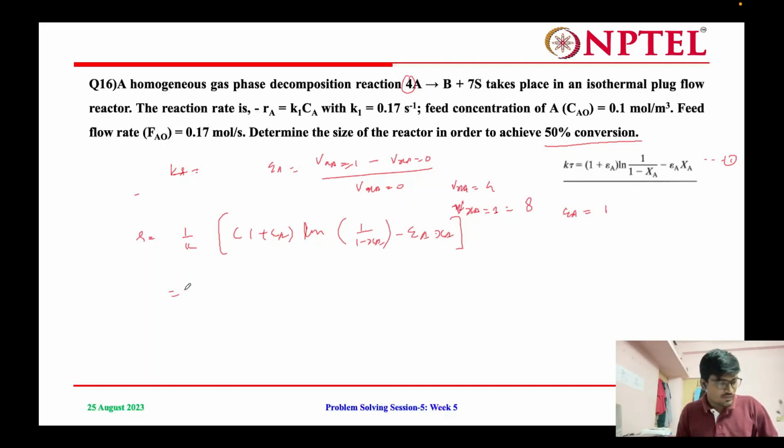So put the values in these equations: 1 by 0.172 into 2 times 0.693 minus 0.5. We get tau equal to 5.211 seconds.